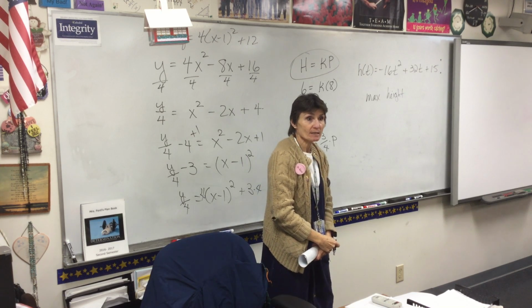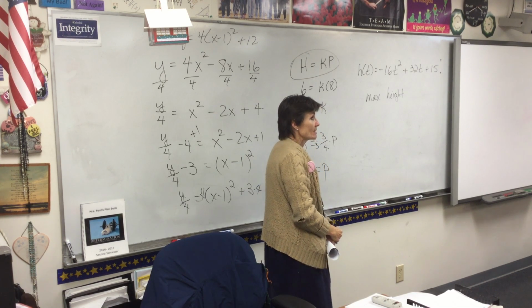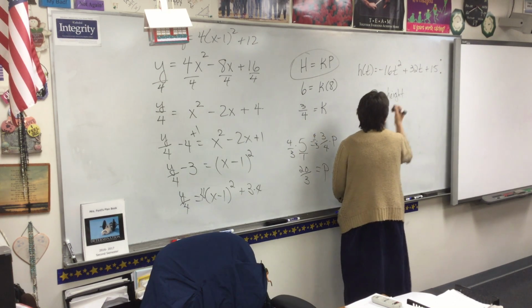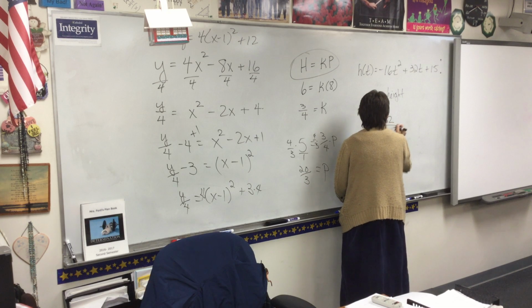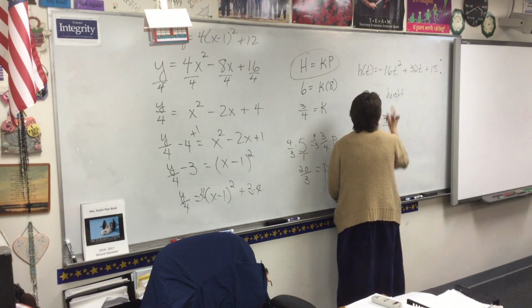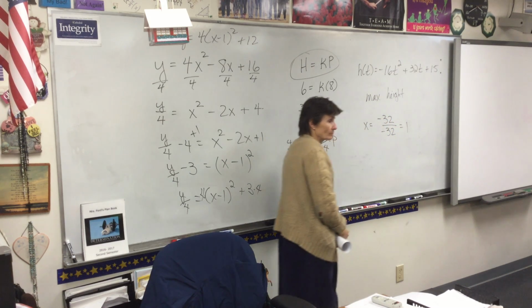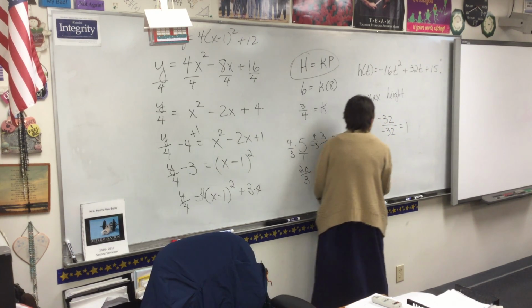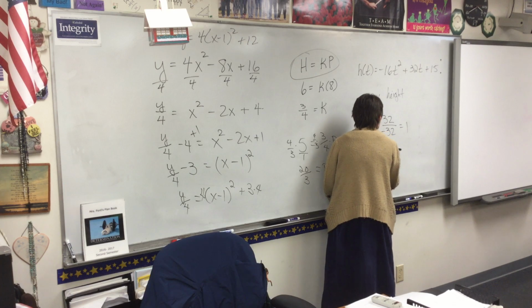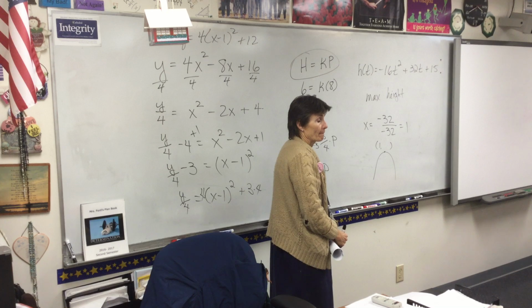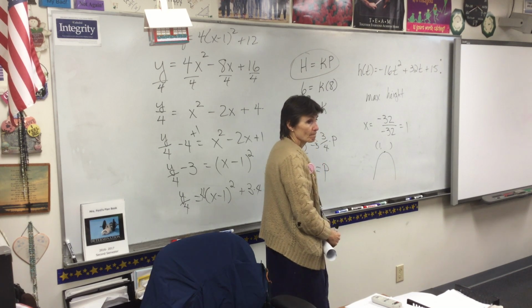Okay, so we need the vertex. And to get the vertex, we do negative b over 2a. So negative 32 over negative 32, so that's 1. So my vertex has an x-coordinate of 1. Then what?